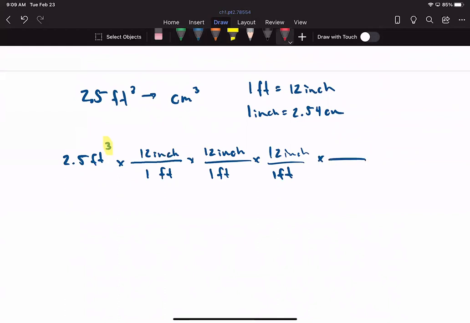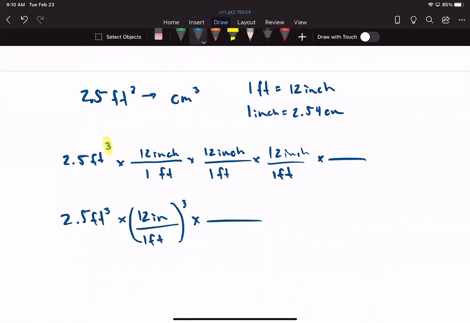There is another way to do that, and that would be 2.5 feet cubed multiplied by 12 inches over 1 foot, and cube that, right? I take the conversion factor and I cube the conversion factor, then it would simply do what I need. And then we could also use the next one.